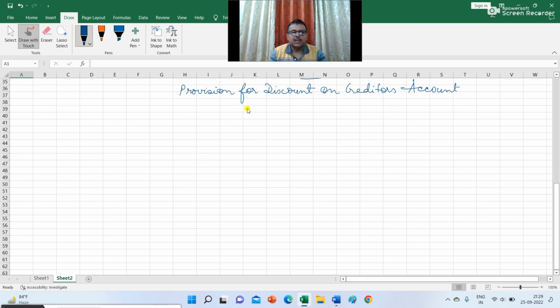Now we will prepare the provision for discount on creditors account. So it is given that on 31st March 21, the amount of provision for discount on creditor required is 2.5% of 29,000. So this is 725. And this amount will be credited to PL account.